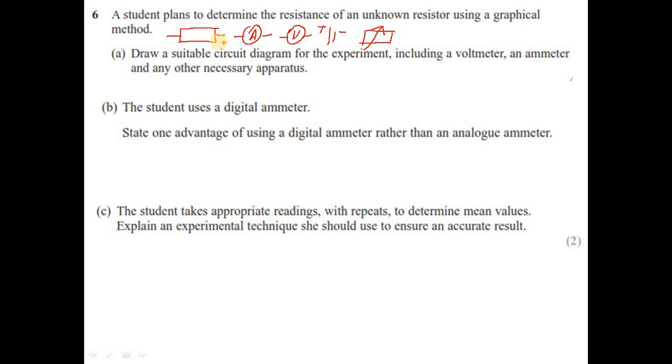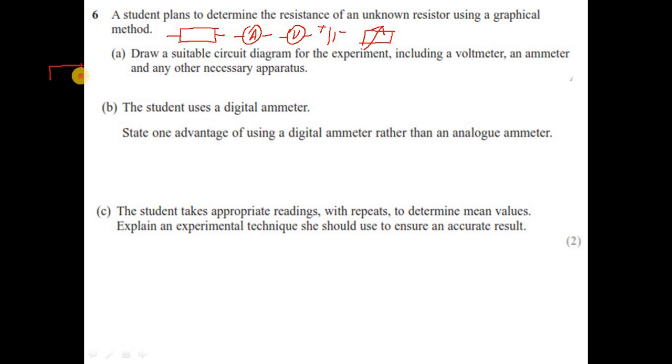And the circuit diagram, generally these kinds of circuit diagrams are quite easy to draw or understand. The easiest way is, in the first instance, you just ignore the presence of the voltmeter and join the rest of the 4 components in a closed loop. You can start from any of the components. So let's say I am starting from the resistor.